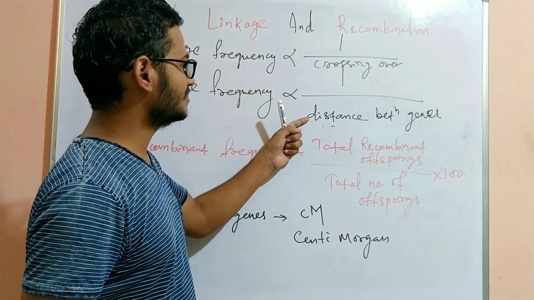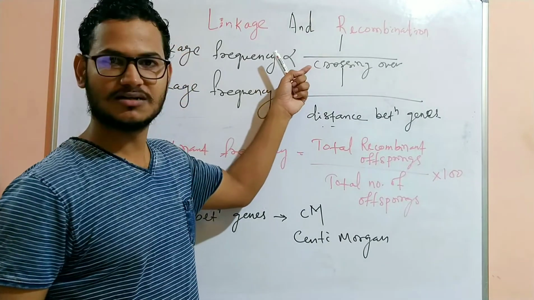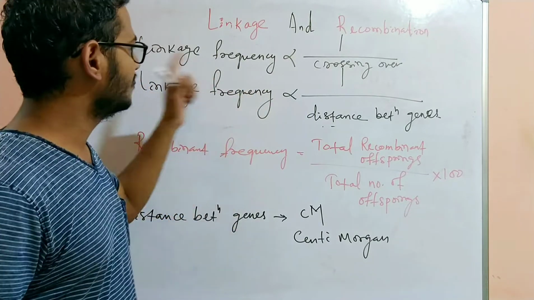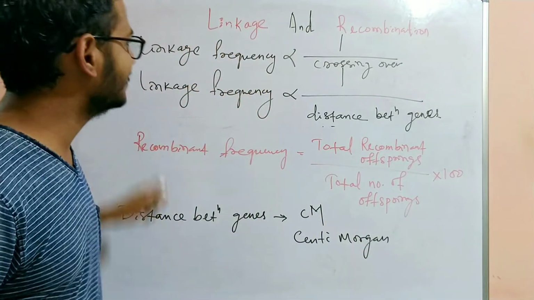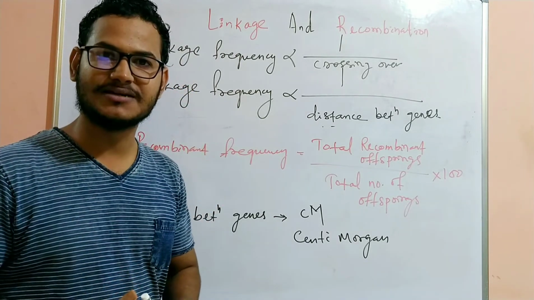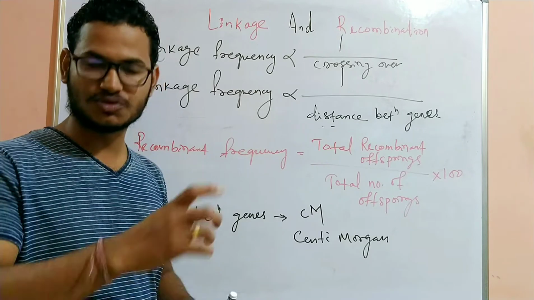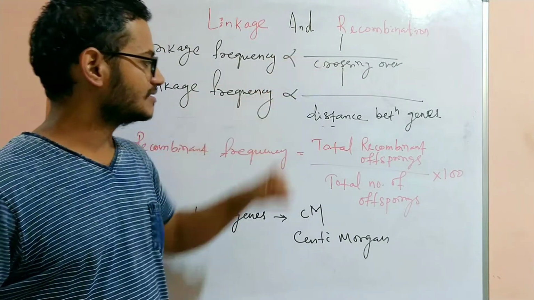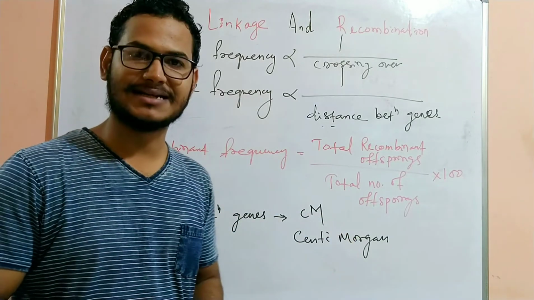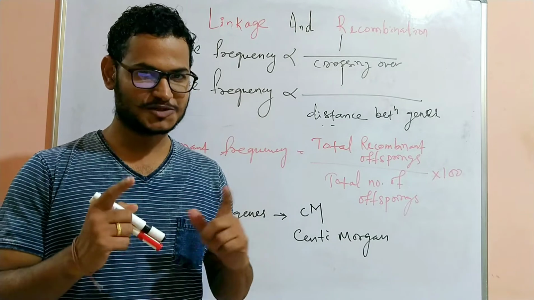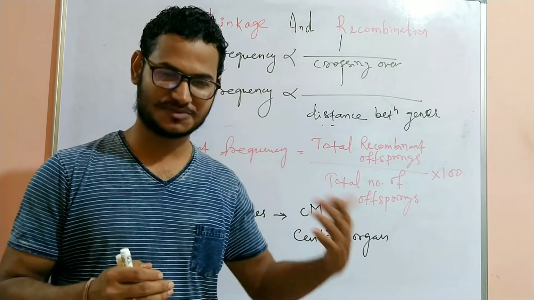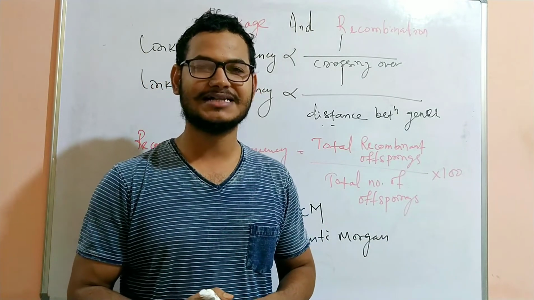So as distance between genes is directly proportional to crossing over, it is also inversely proportional to the frequency of linkage. So these are the fundamentals of linkage and crossing over, how different characters appear due to crossing over, and recombinants are found which are not similar to the parental characters. This is the basic concept about linkage and crossing over, and how recombinants appear in the offspring.